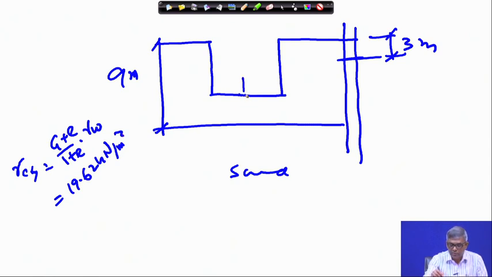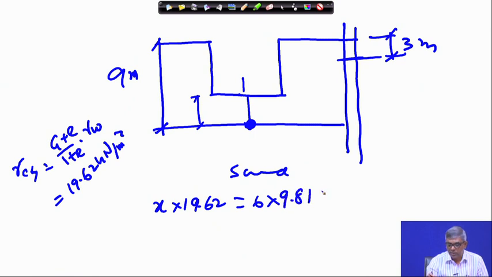How much depth? This one I take as x. So, x into 19.62 is the pressure from this side, and then the water height at this point. I am considering equilibrium at this point, that must be equal to 6 into 9.81. So, that gives you x equal to 3 meter.